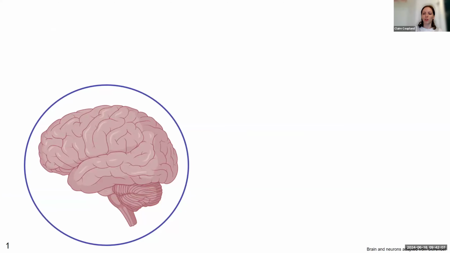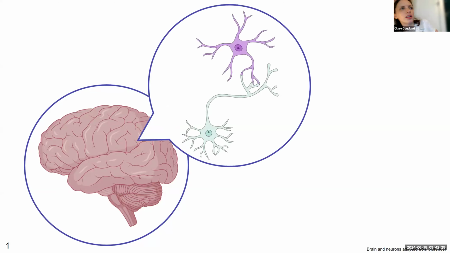As I'm sure you're all aware, the brain is a really important and complex organ. It's responsible for perceiving information, processing it, and then enacting responses to that, whether that be motion or hormone secretion. On a cellular level, the brain is comprised of over 50 billion neurons, which relay signals from one to the other.